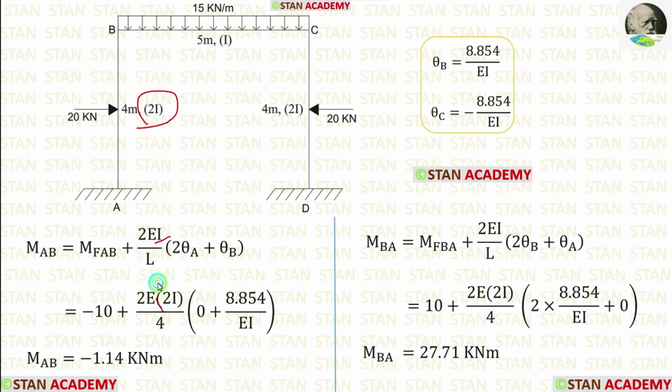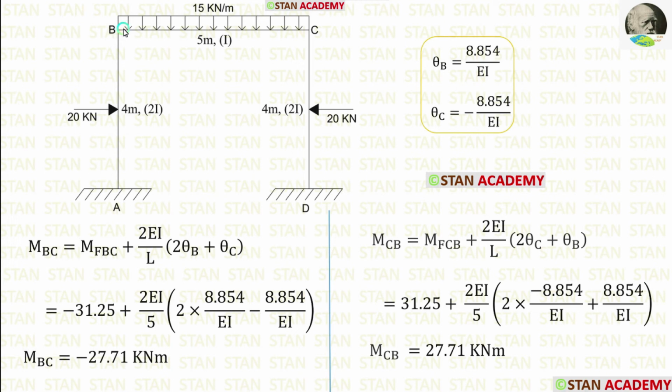So instead of I, we have to apply 2I. Length of AB is 4. Let us apply that. In the point A, there is a fixed support. In the fixed support, there will be no slope. So theta A will be 0. After applying the value of theta B in these equations, we are getting MAB and MBA.